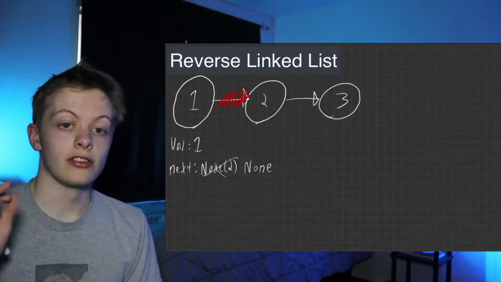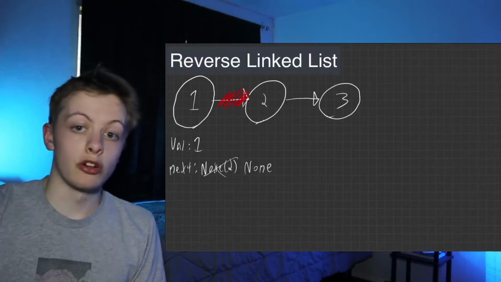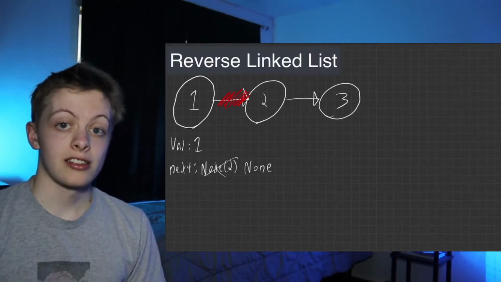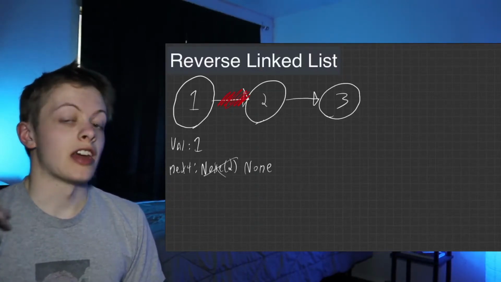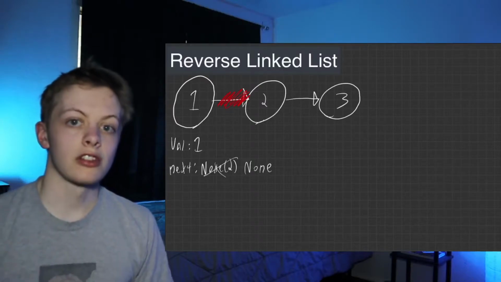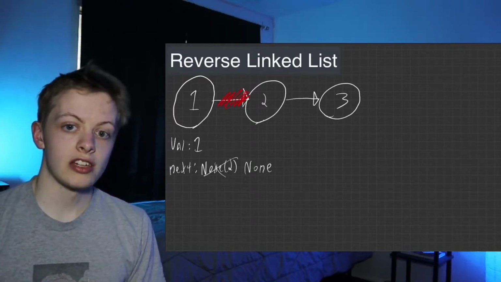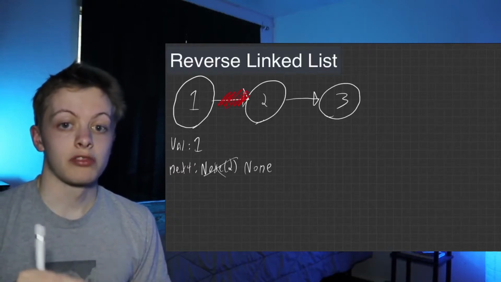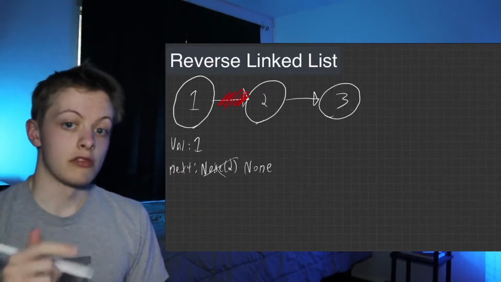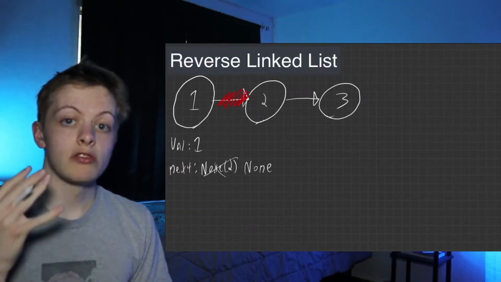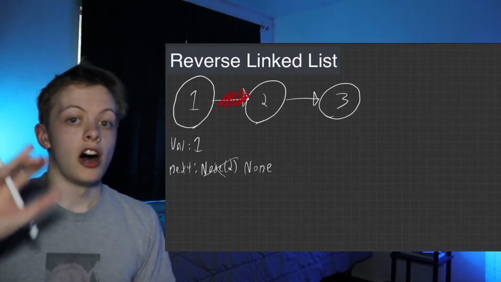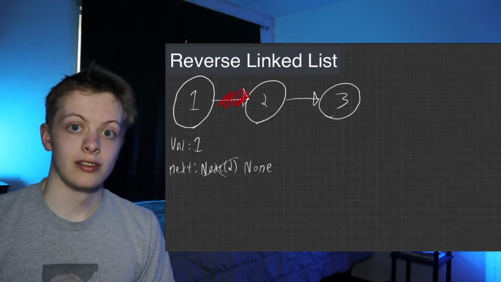It doesn't matter if your list is 1 more item or 1,000 more items. You've lost access to everything else. And so that's a huge issue. When dealing with linked lists, you really have to understand that changing the .next property is huge, because whenever you change a .next property, you could possibly be losing out on the entire rest of your linked list.